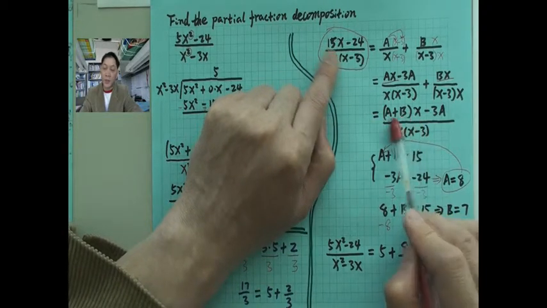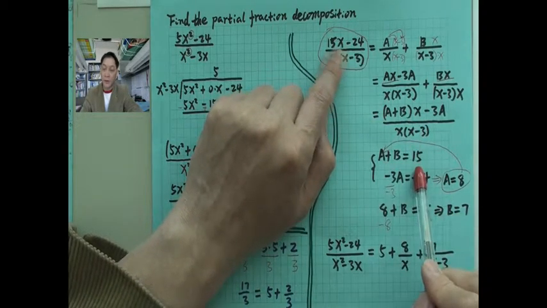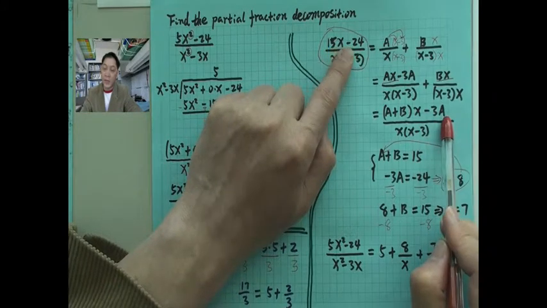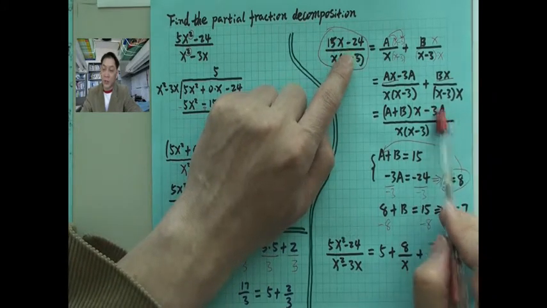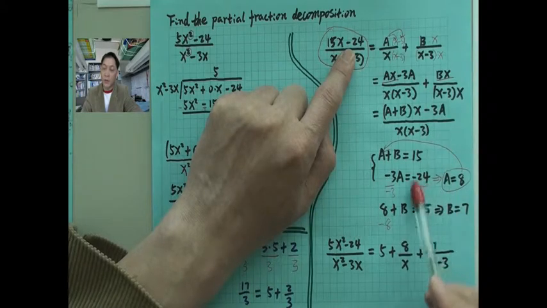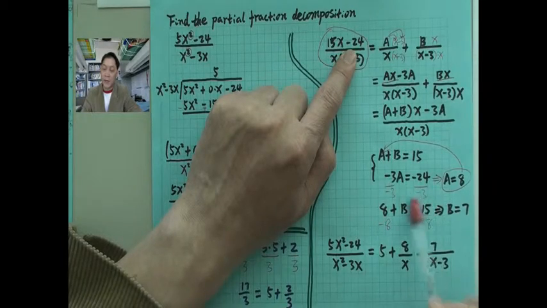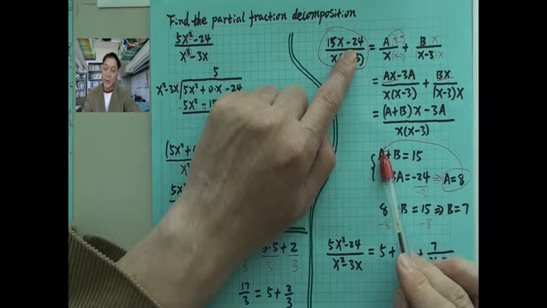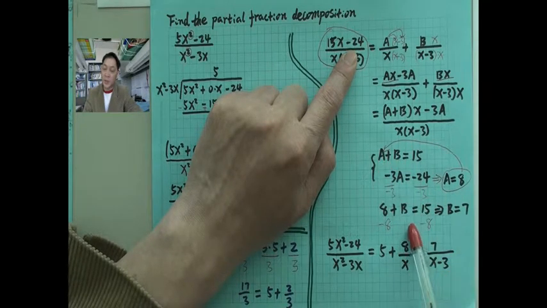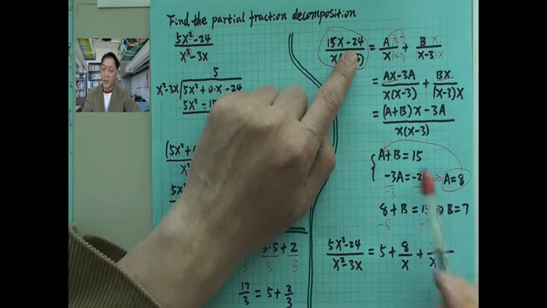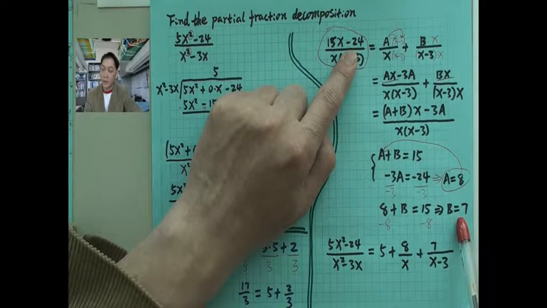So A plus B has to be equal to 15. Negative 3A is the constant part, which is negative 24. So negative 3A is negative 24. Then dividing by negative 3 on both sides, A will be 8. Plug it back here, A is 8, so 8 plus B is 15, B has to be 7.